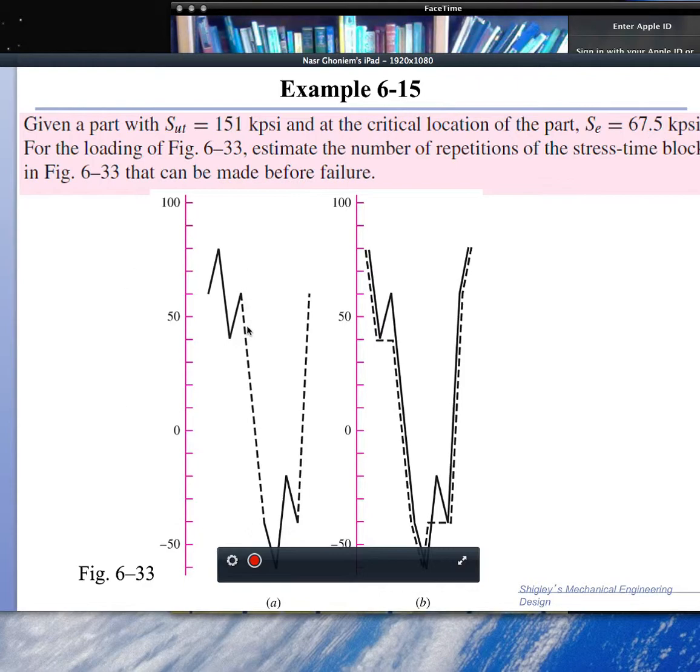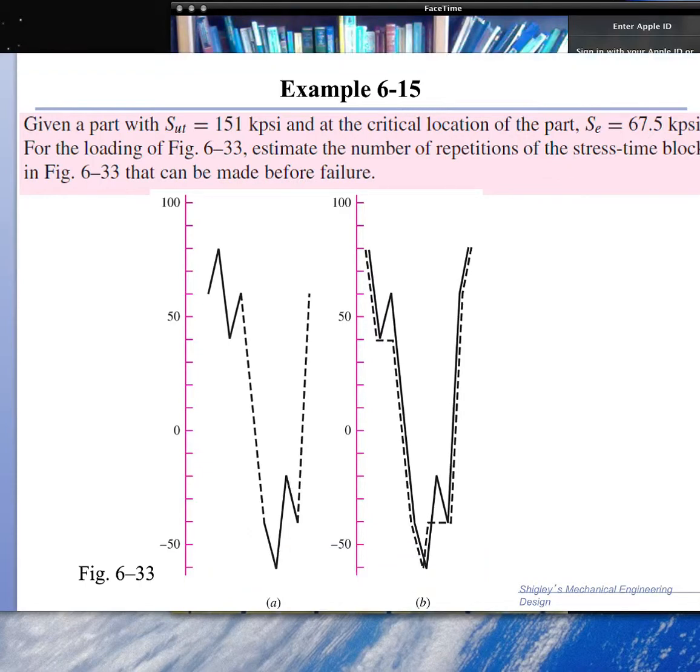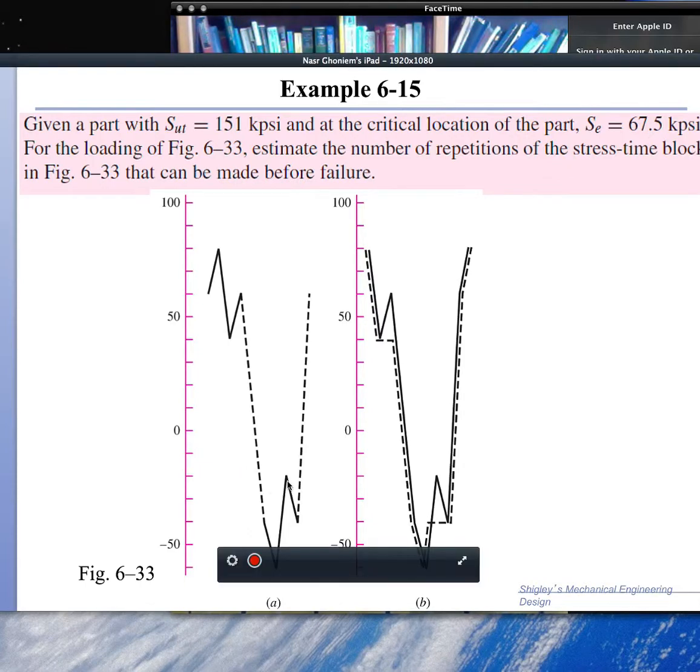So this is one cycle. And then the other one goes from minus 40 down to minus 60, down to minus 40, down to minus 20, down to minus 40. So this is a full cycle, this is a full cycle.